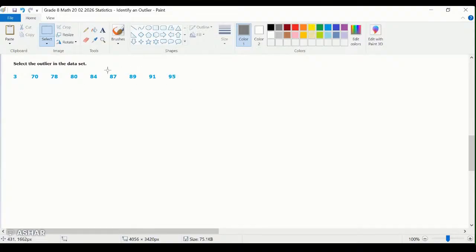Let's suppose these are the numbers given to us. We need to select an outlier. So what would be the outlier for this question? Let's suppose this is question number 11, right? What should be the outlier?